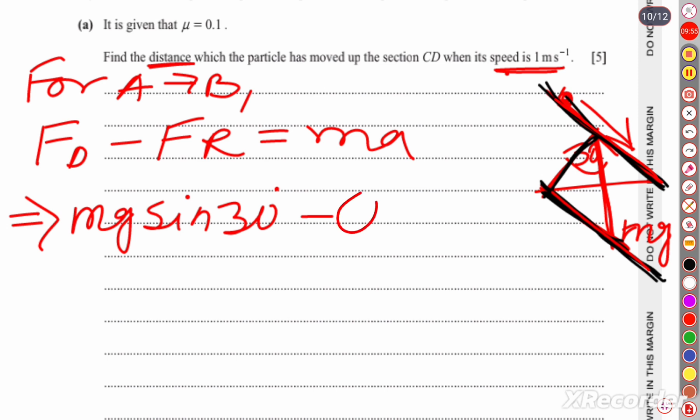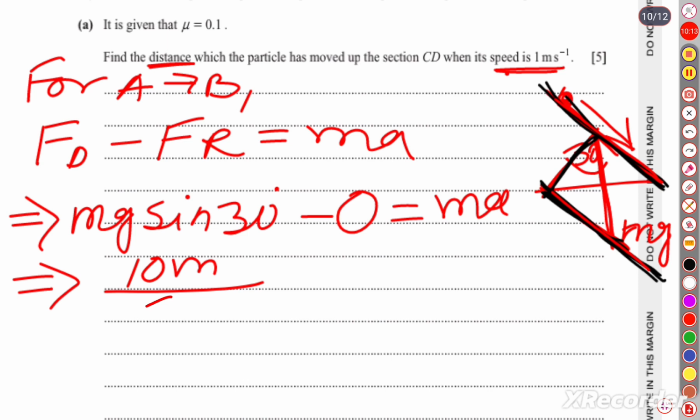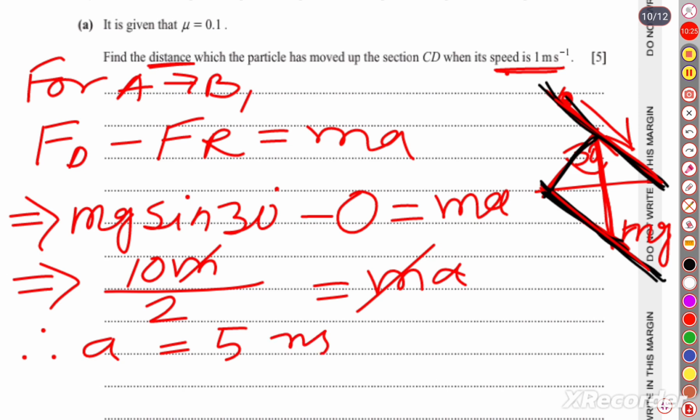That's why resistance force is 0. And mass into acceleration on the right side. Acceleration due to gravity is 10, so it is going to be 10m times sine 30, and the value of sine 30 is actually half. So it is equal to ma. From both sides, if we omit m, there remains a equal to 5 meters per second squared.